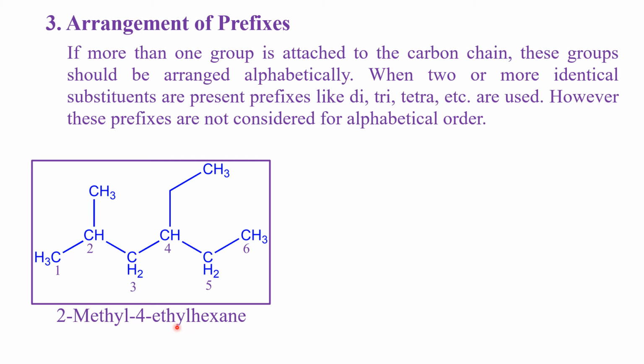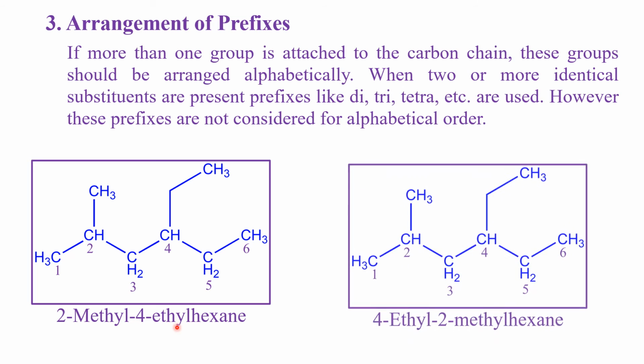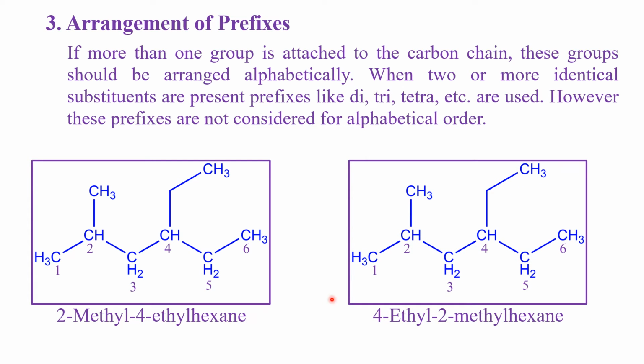Let us see the second workout for the same example, where the numbering is the same, started from the left and proceeded towards the right, whereas while writing the name, it was started with the first alphabet, that is E, which was attached to the fourth position. So 4-ethyl and 2-methyl hexane.